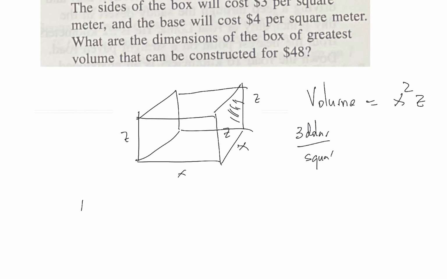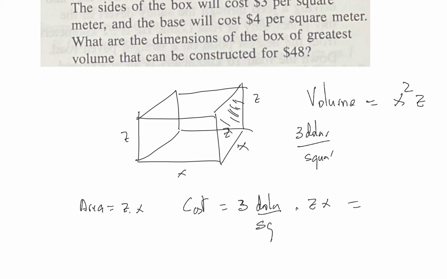So what is the area here? The area that is here is z multiplied by x. And the cost of this side of the box will be $3 per square foot multiplied by the area, z by x.